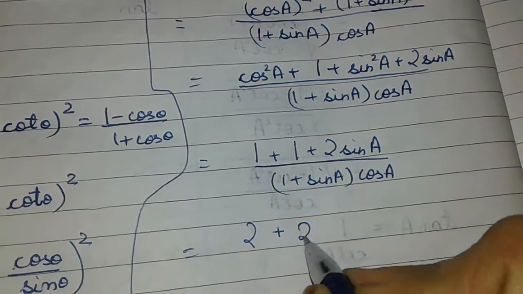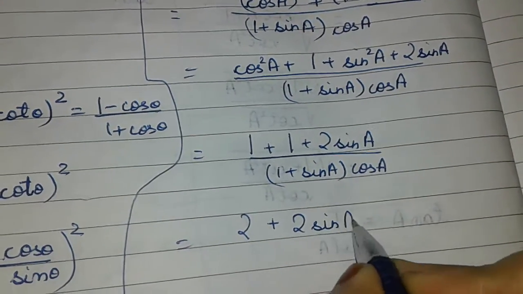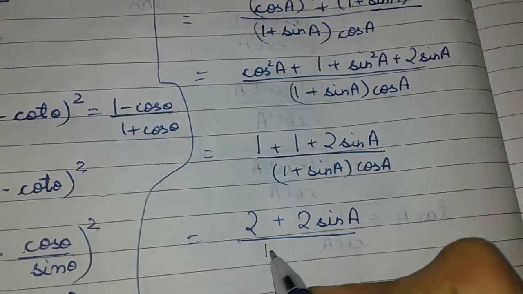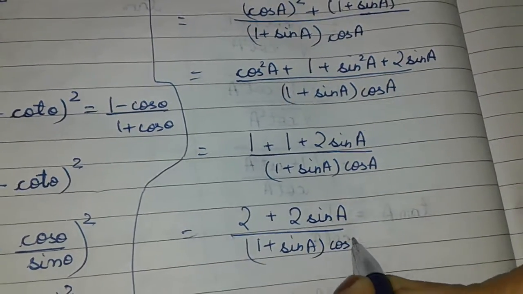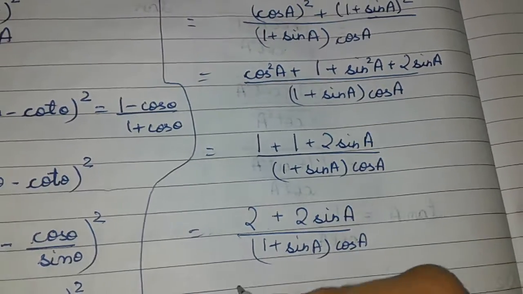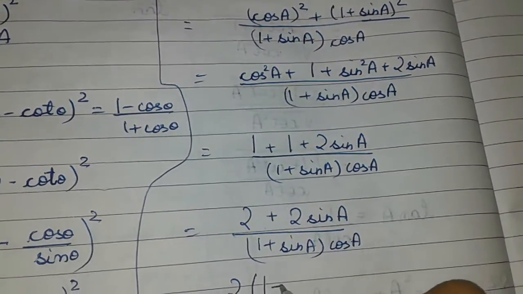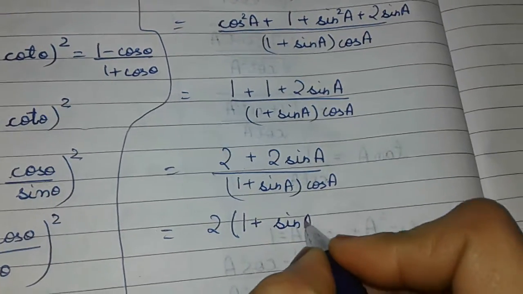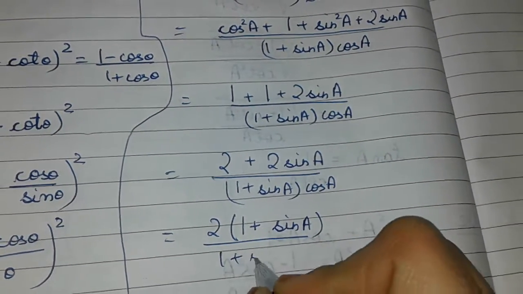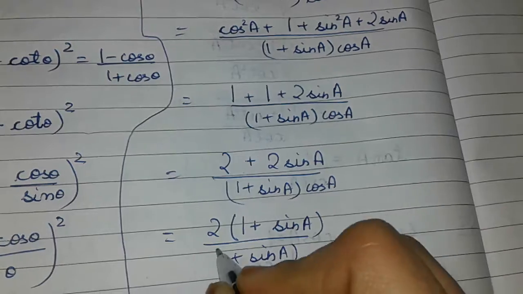Here it will be 2 sin A upon 1 plus sin A into cos A. Now take 2 common, it will become 1 and here it will be sin A upon 1 plus sin A into cos A.